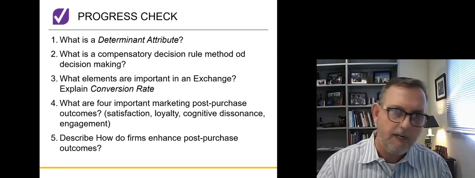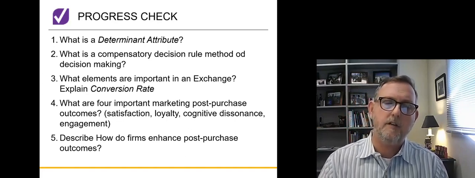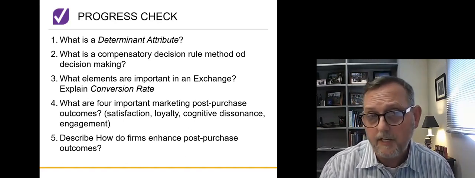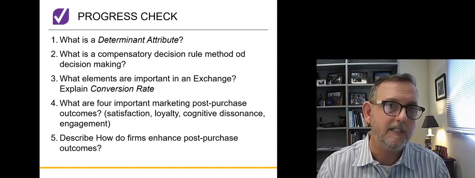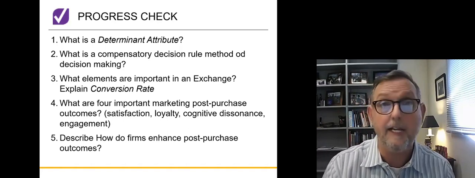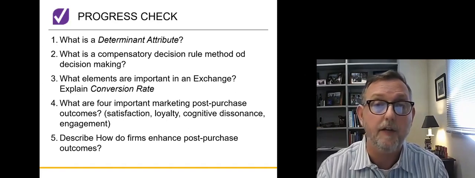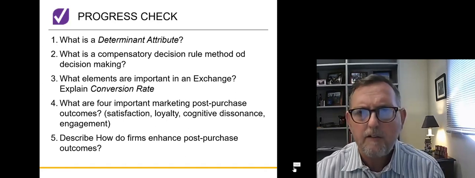Okay, so last but not least, how do firms enhance post-purchase outcomes? We build with customer relationship marketing. We also do engagement through social media and things like that. Building relationships at the end of the day is what we do to encourage post-purchase behavior that we want to see.